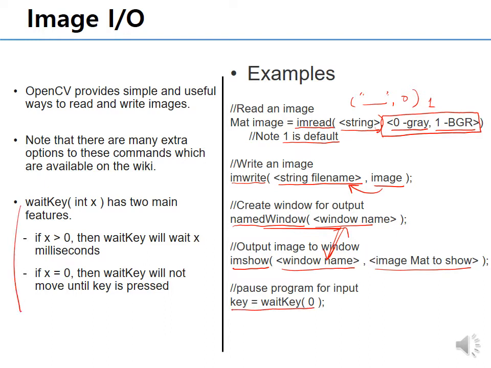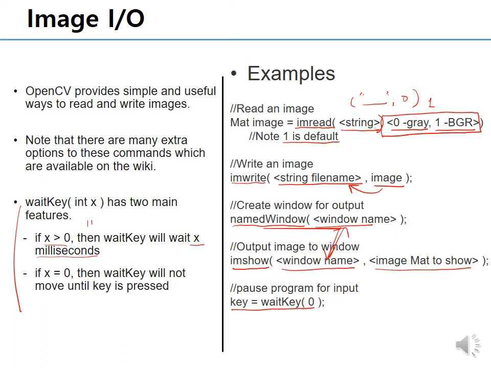Here, waitKey with integer x has two main features. If x is greater than 0, that means it has some number, then waitKey will wait x milliseconds.